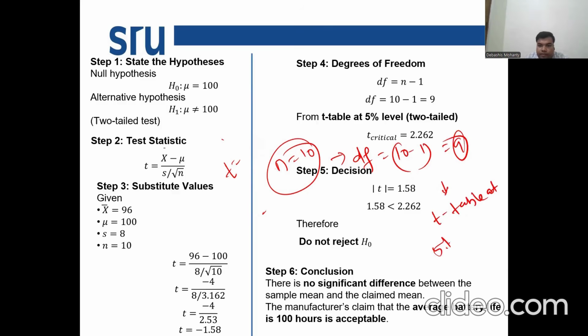And after finding this df value, we have to construct the t table at 5% level. Means 5% level means two-tailed, right? So how to find that? Means we have to calculate the t critical value. So using this table at 5% level of confidence, we have to see here.